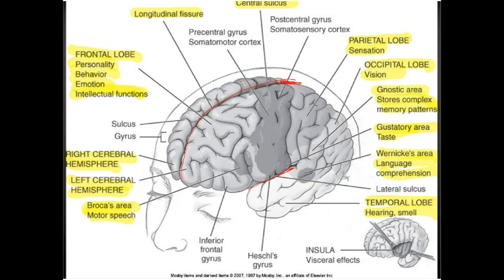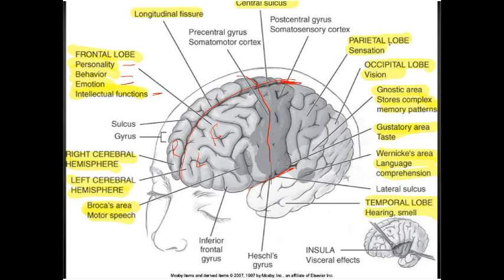And then we have the central sulcus, which is creating this division here. And so in our frontal lobe, which is this area here, we see that personality, behavior, emotion, and intellectual functions are controlled there. And also we have left and right brain.